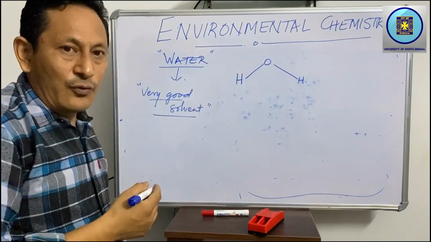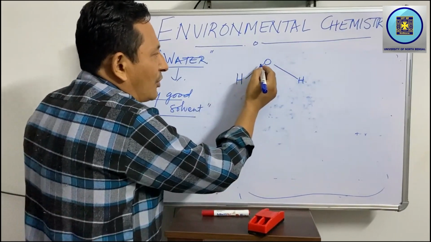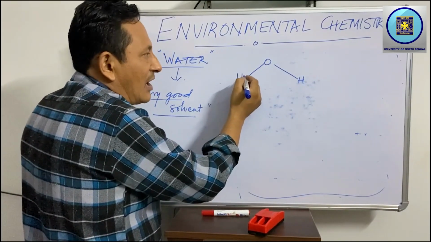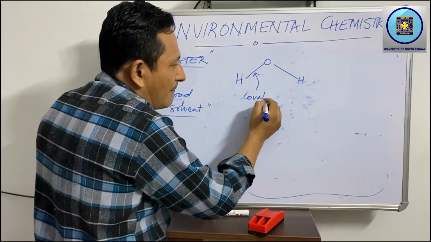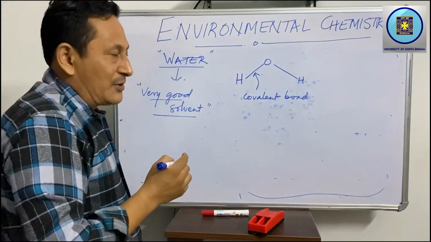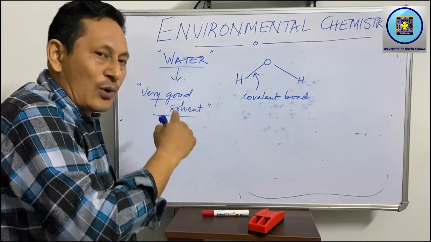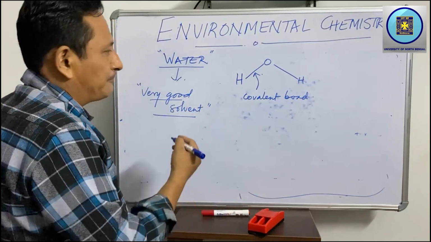That's the molecular formula for water. The structure is something like this. The oxygen atom and the hydrogen atoms are connected via the covalent bond. I have to go into this detail because it will make it easier to understand why water shows certain properties.